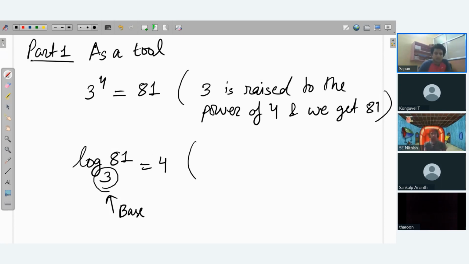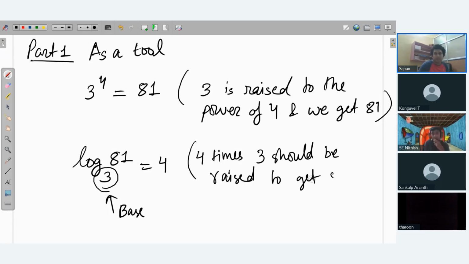So asking what is log 81 on base 3, basically we are asking how much 3 should be raised to get 81. That's all it is.